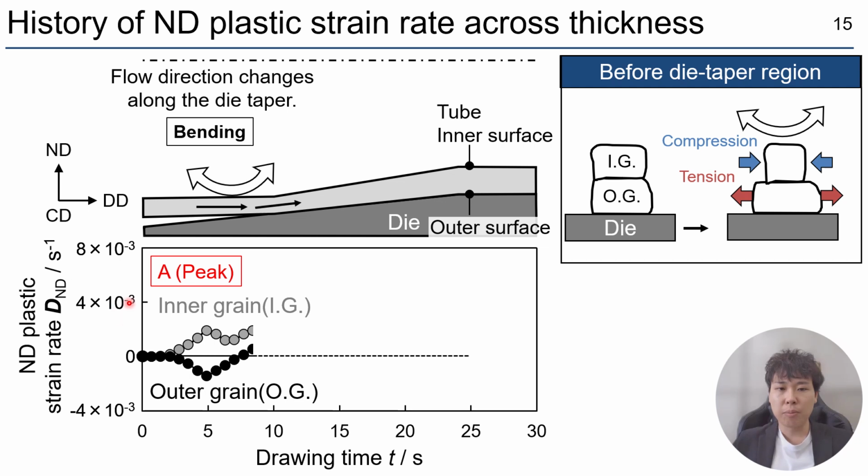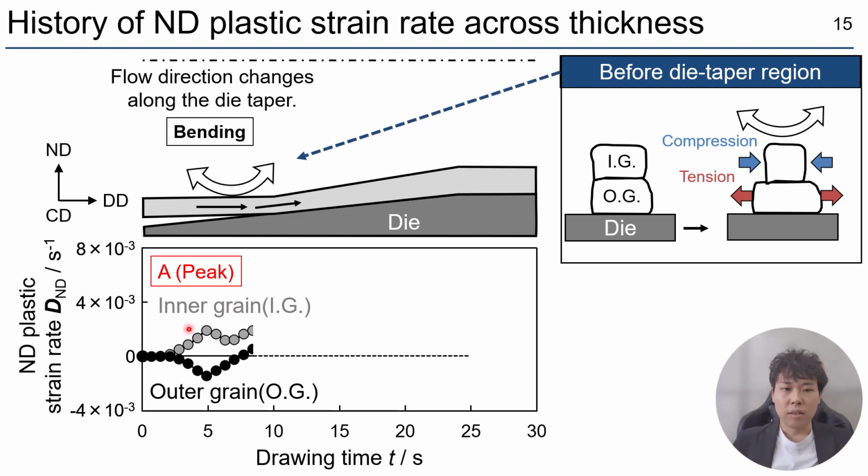A positive value means that the grain is plastically elongated in the ND direction, whereas a negative value means that it is plastically compressed in the ND direction. First, focusing on the region before the die taper, here.